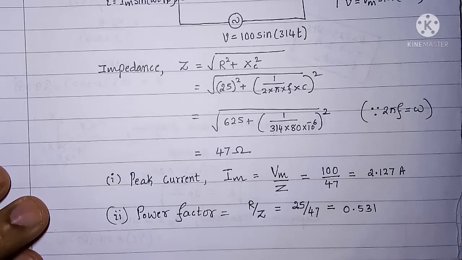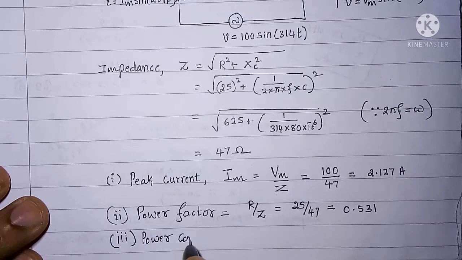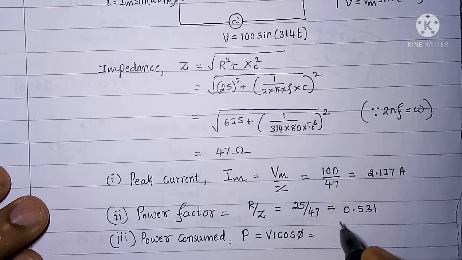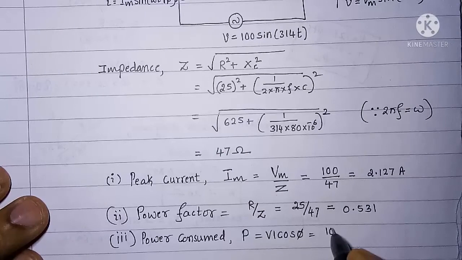Next we have to calculate power consumed. Power consumed means we have to calculate real power, and that is given by V I cos phi. Peak voltage is 100 and we know that peak voltage by root 2 is RMS voltage.